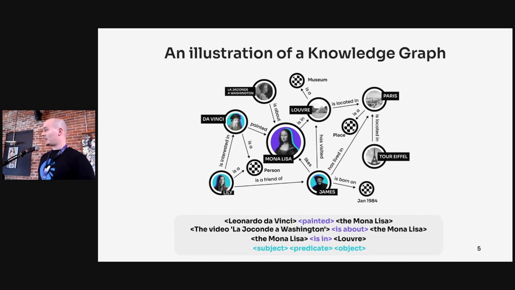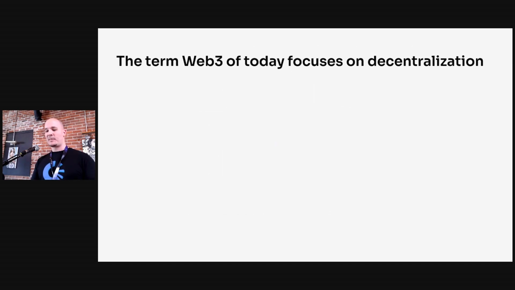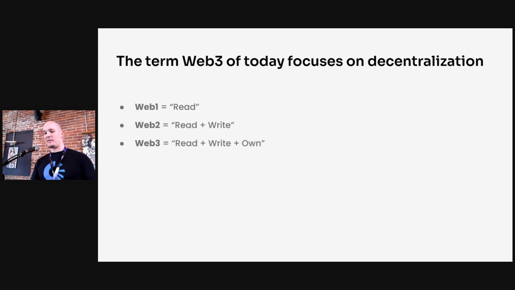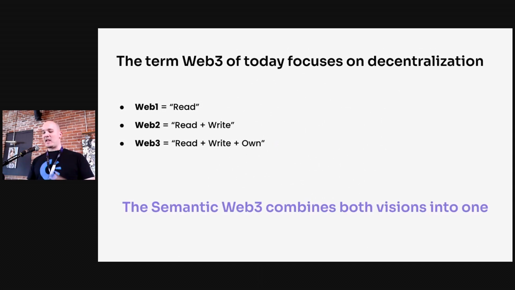What I want to illustrate is that it looks quite different from what we've seen in blockchains, right? We're not used to working with things like that. We're working more with primitives like transactions, addresses, accounts, and things like that. So a decentralized knowledge graph combines these two things. The term Web3 focuses on decentralization. I'm sure you've seen this notion of read, write, own Web3. Therefore, the Semantic Web3 combines both of these visions in one.